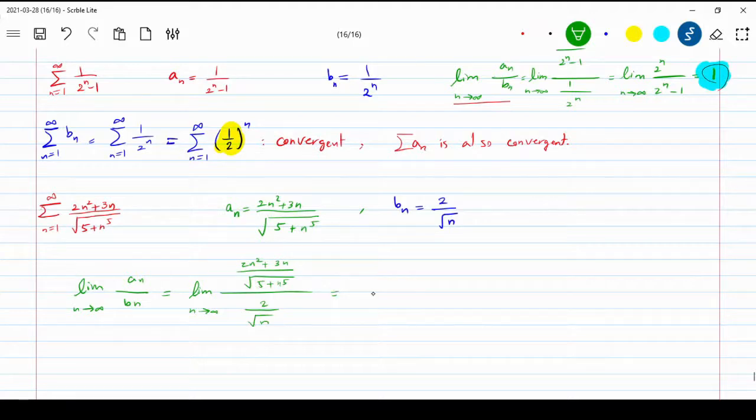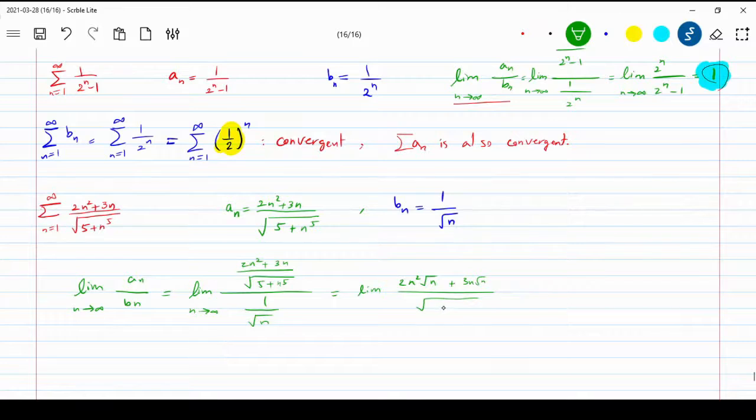So basically what you would get in the numerator is n squared root n plus 3n root n, divided by the square root of 2. By the way, this 2 is not necessary, I just picked it so it's easier for us to deal with. You can pick bn to be simply 1 divided by square root of n. Let me make it 1 divided by that just to show it doesn't really make any difference.